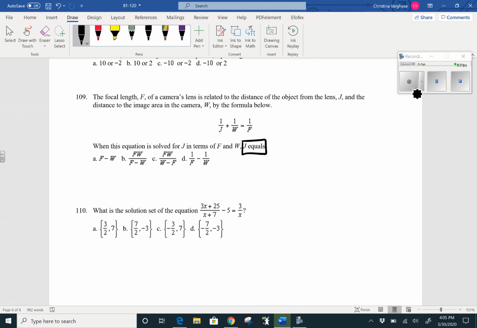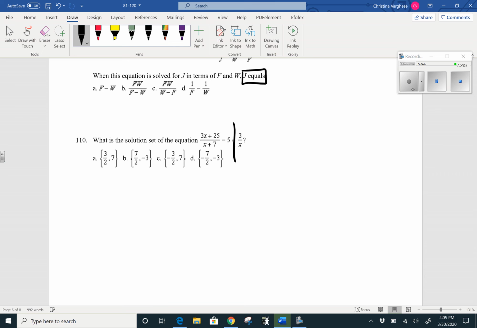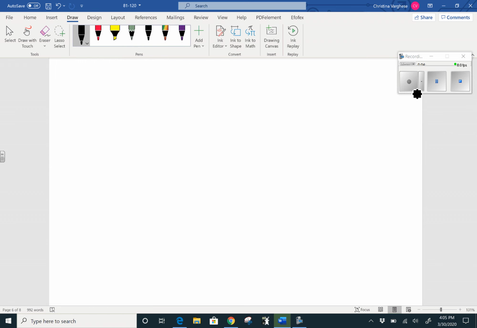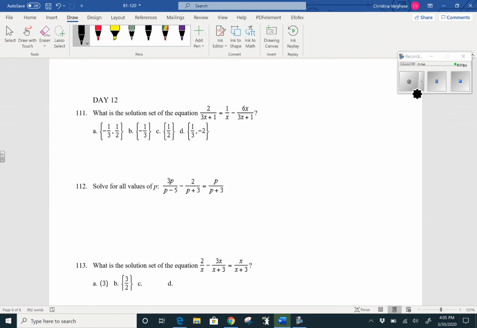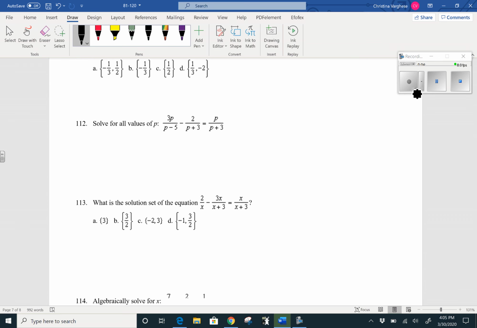If you have questions with that, let me know. 110 is the same thing: plug this under y1, this under y2, and see where they intersect. Remember always to check for an extraneous solution to see if it works. 111, same thing, plug it into the calculator and solve. 112, same thing.